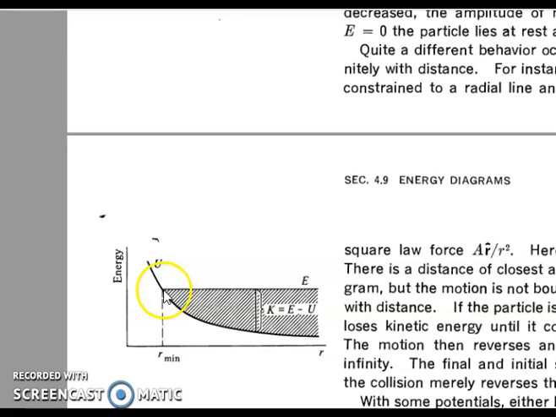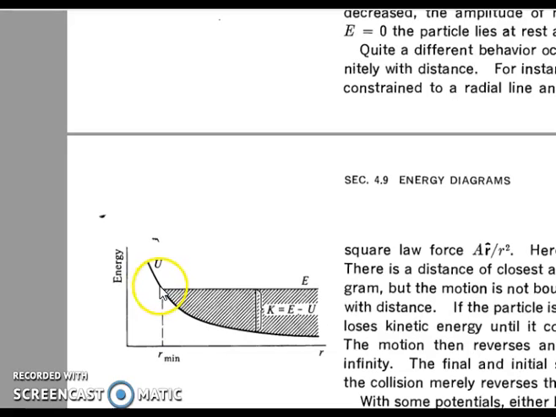If it did, the kinetic energy would be negative, and that condition is not possible. So it will never get closer to the nucleus than this position, r minimum. This is called the minimum closest approach. The distance from the nucleus to this point is called the distance of closest approach.